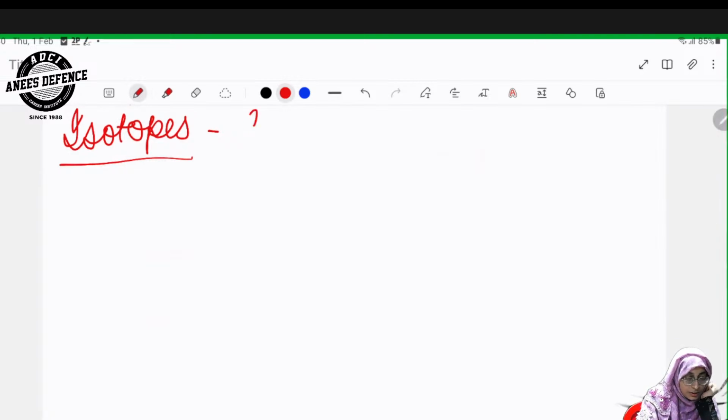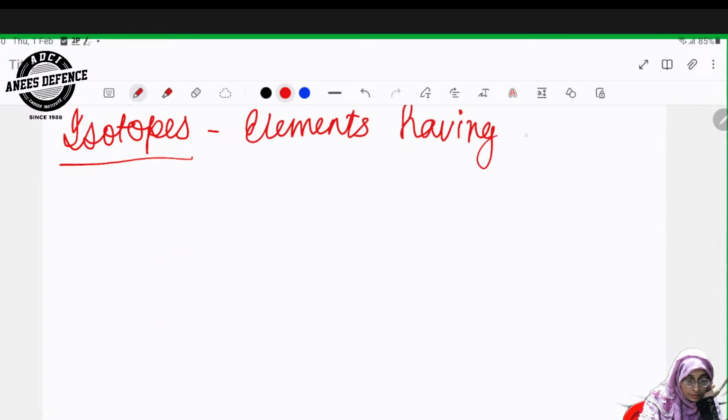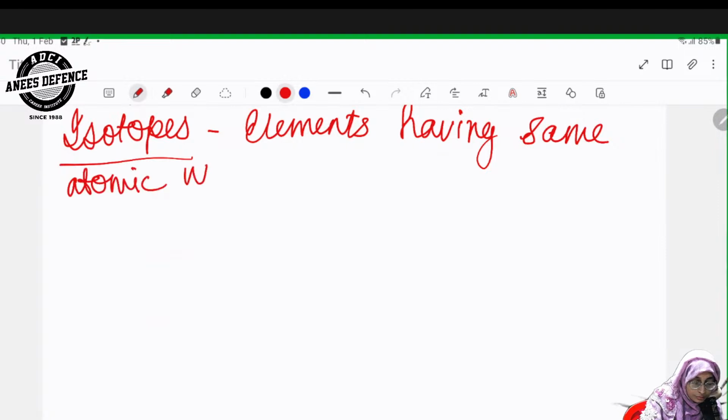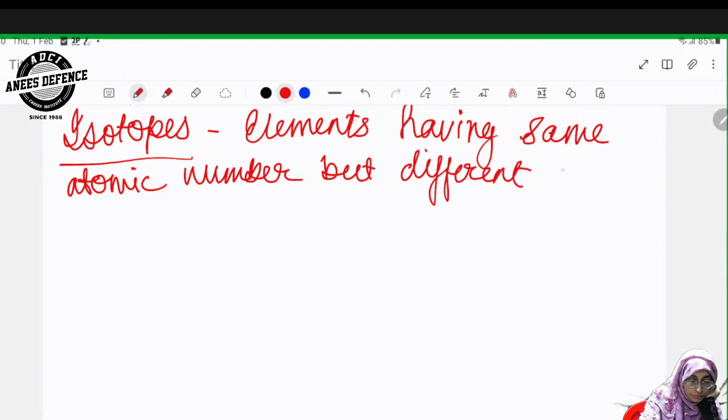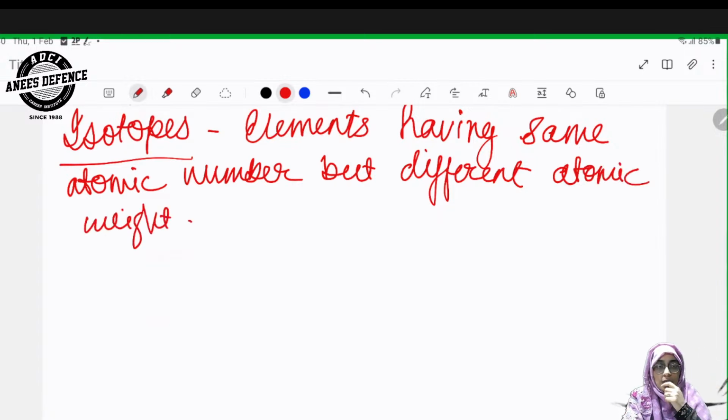Elements having the same atomic number but different atomic weight.